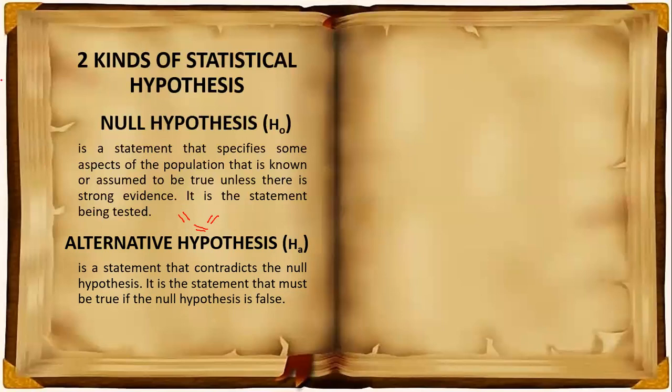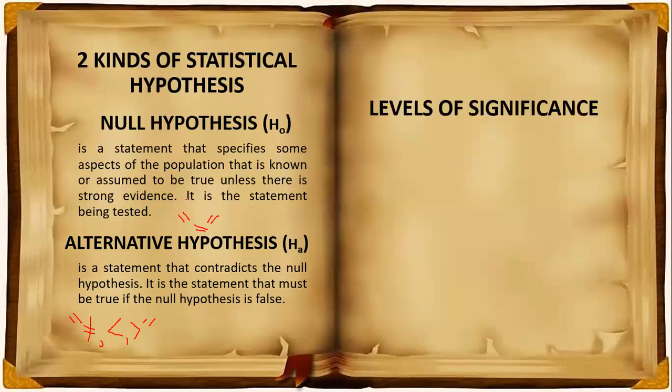Now, the mathematical symbol of the alternative hypothesis is not equal, less than, or greater than, as long as it is not an equal sign. Then there, you state that there is a significant relationship in your research title. Okay, now we have here levels of significance.